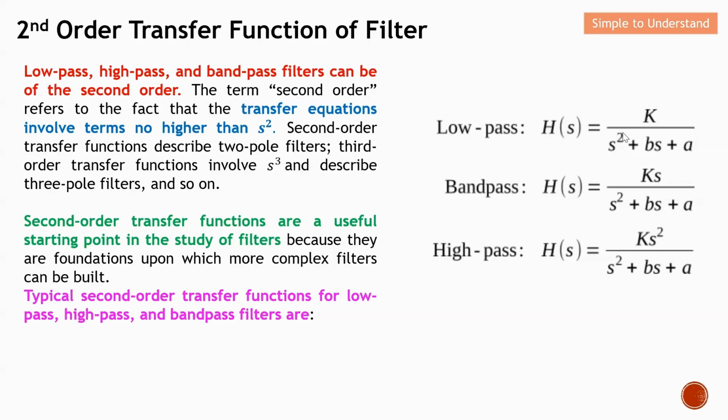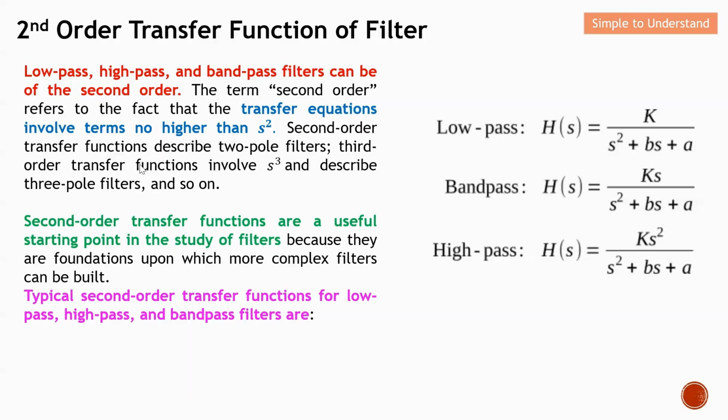From here you can see the 2 here, which states that this is the second order. The term second order refers to the fact that the transfer equation involves terms not higher than s squared, as you can see from here. Hence, I am able to know that this is the second order transfer function.